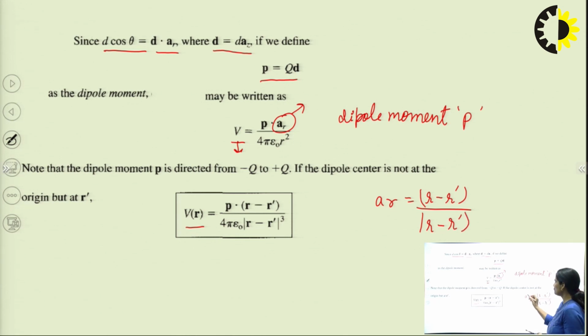So this is the unit vector of R. Put this value in this equation and you will get V of R is equal to P dot (R minus R dash) upon 4 pi epsilon naught times magnitude of R minus R dash cubed.